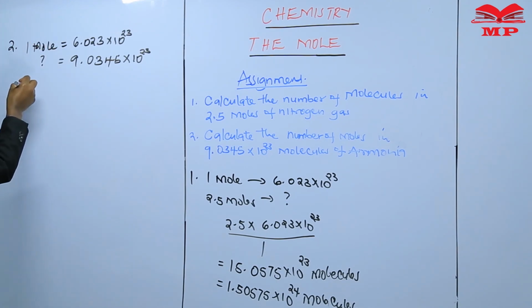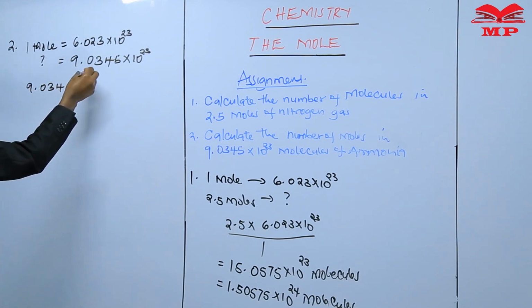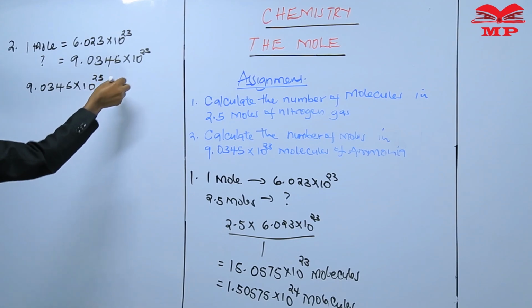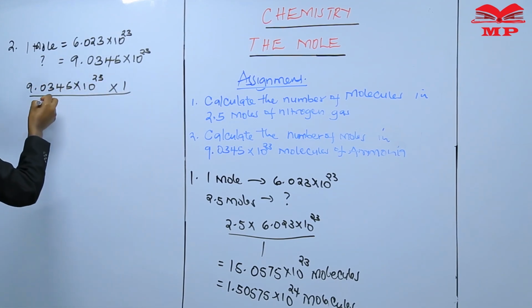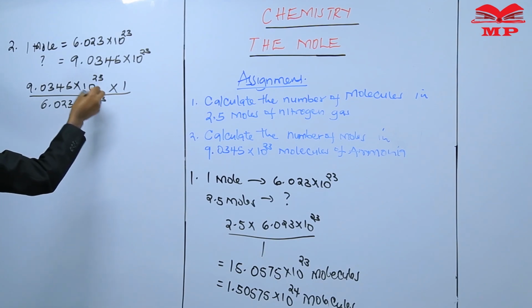Then this will be 9.0345 times 10 raised to power 23 times 1. We divide by 6.023 times 10 raised to power 23.